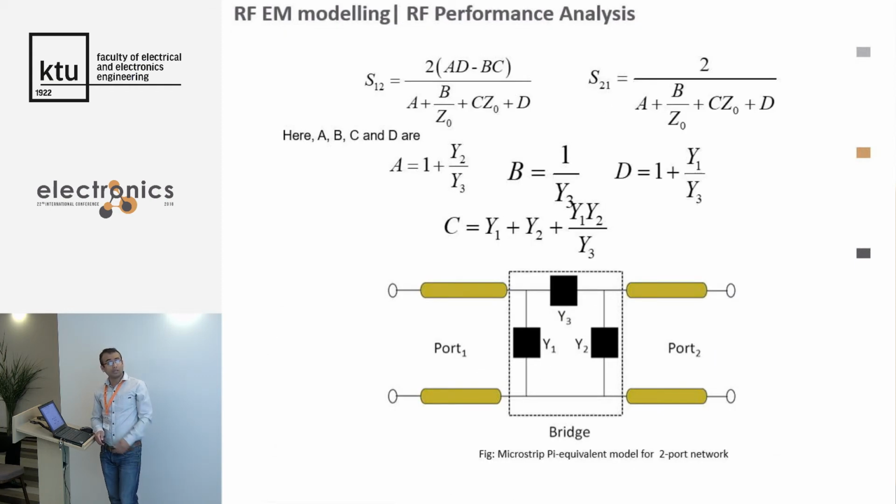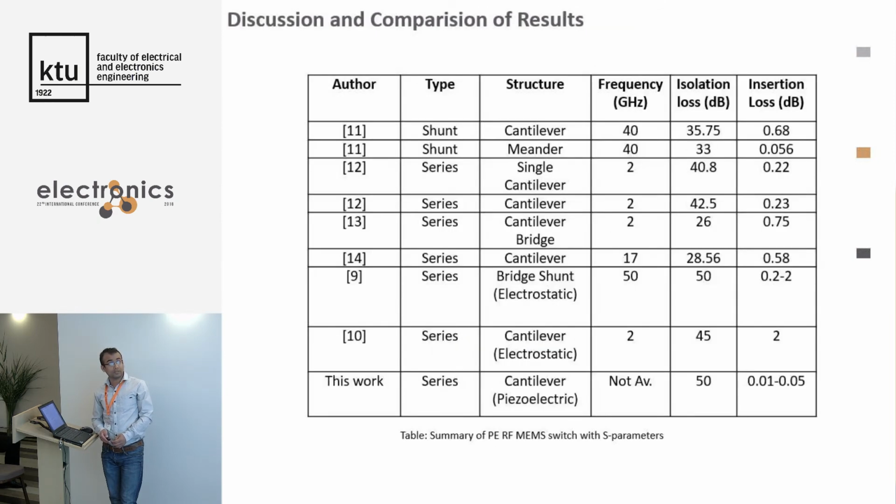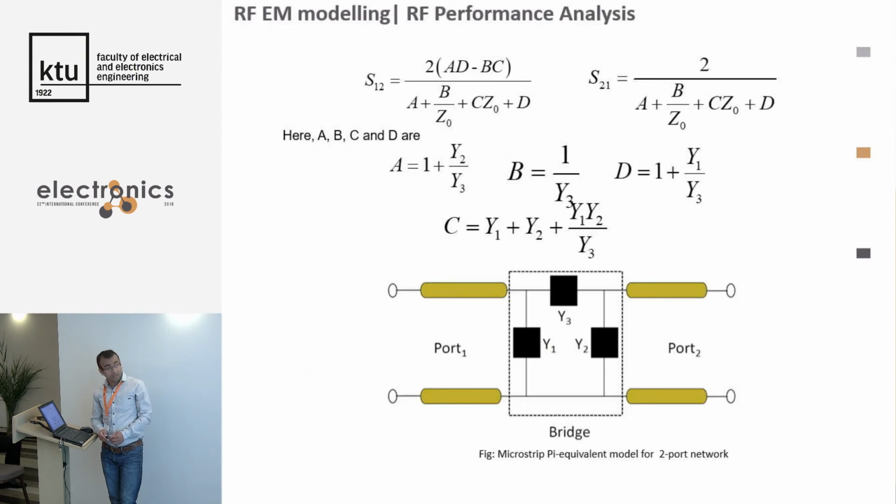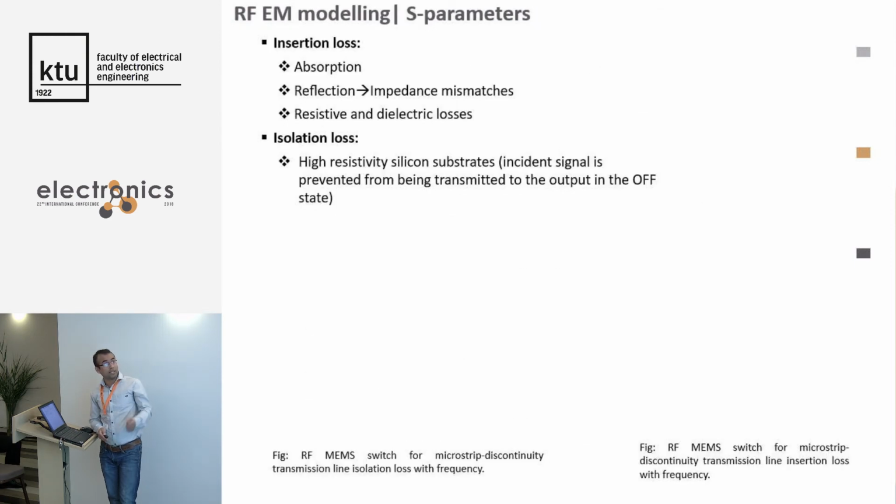For finding out the RF performance, we need to find the scattering parameters. So I use this kind of formula and a 2-port network so that we can get the insertion and isolation loss.